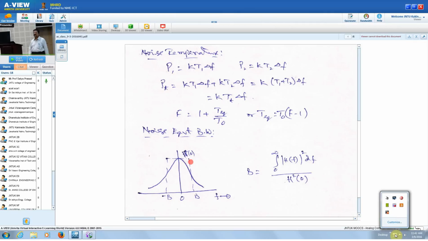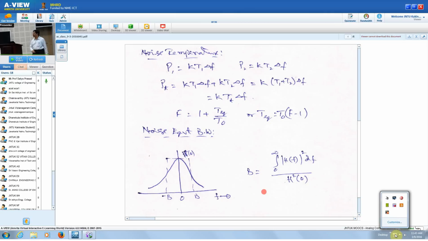This is the Gaussian distribution. So the noise bandwidth is, we said, minus B to plus B, the overall noise having a bandwidth of B. That is, we are finding the area of this distribution, then scaling it with the value at zero frequency. That's what we are having.